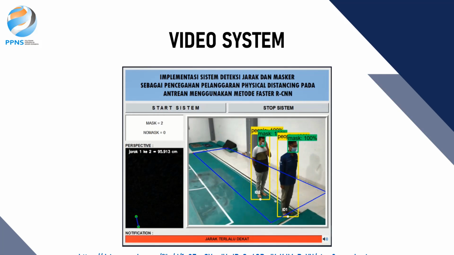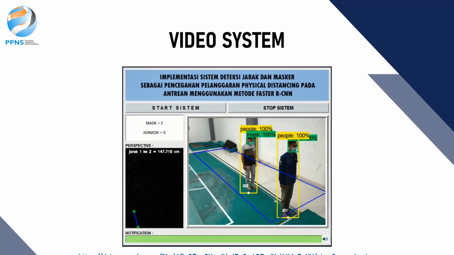When the second person enters the blue area, the system will calculate the distance between the first person and the second person. As we can see here, if the distance is safe enough, then the notification will be gone.